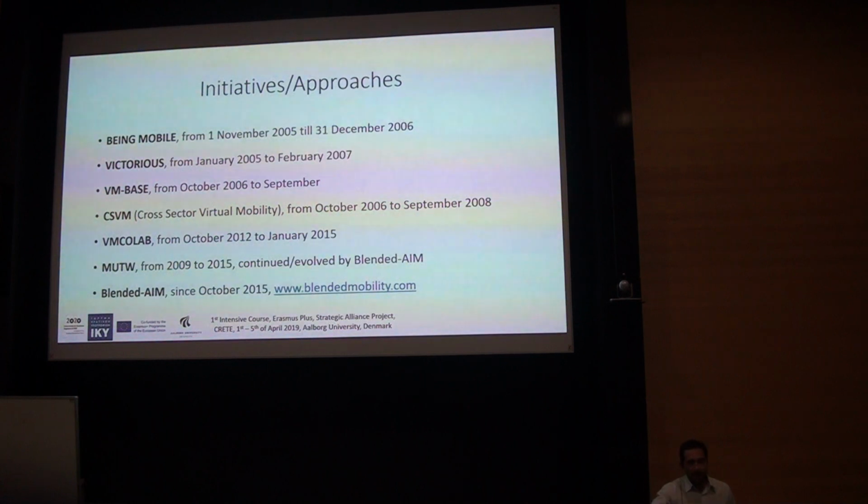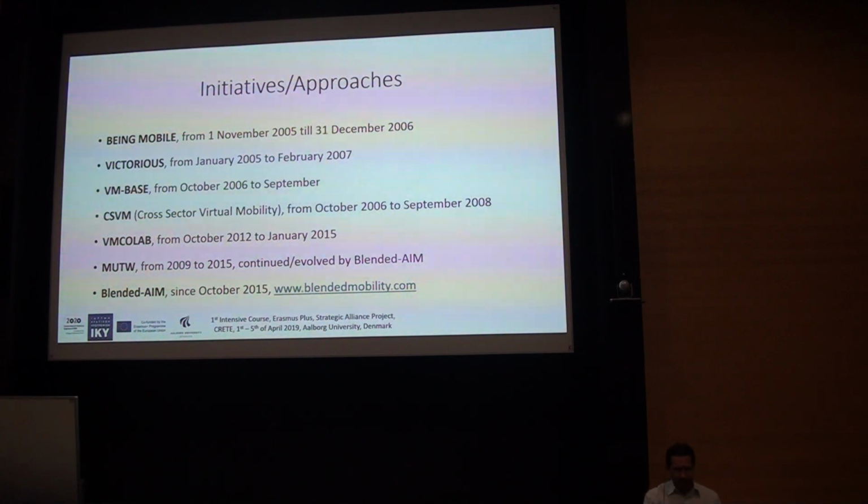We also have VMBase, which intends to improve the exchanges of students, offering them virtual mobility in the beginning and after the end of the physical mobility. Cross-sector virtual mobility aims to stimulate employability, offering virtual support to their physical internships.